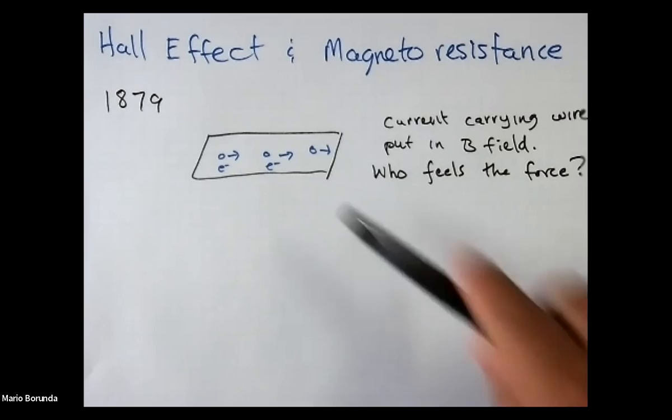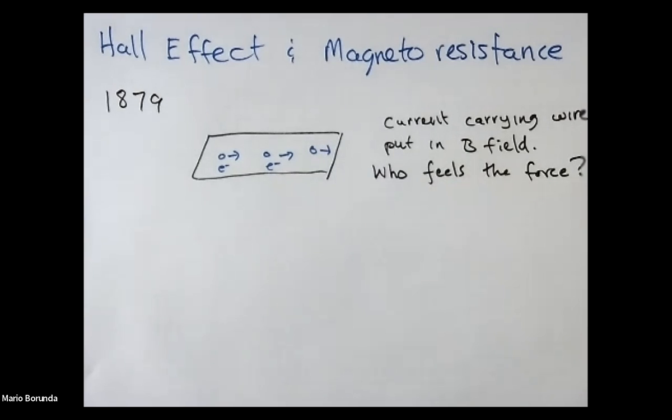It's not the wire, it's the charges that feel that force. So this is what Hall was thinking, and he assumed that it was the charges only that would be feeling this magnetic force. He assumed that Maxwell was wrong, and he wanted to prove that Maxwell was wrong. So this is what he does his PhD dissertation on, proving that Maxwell was wrong. Imagine how brave he was.